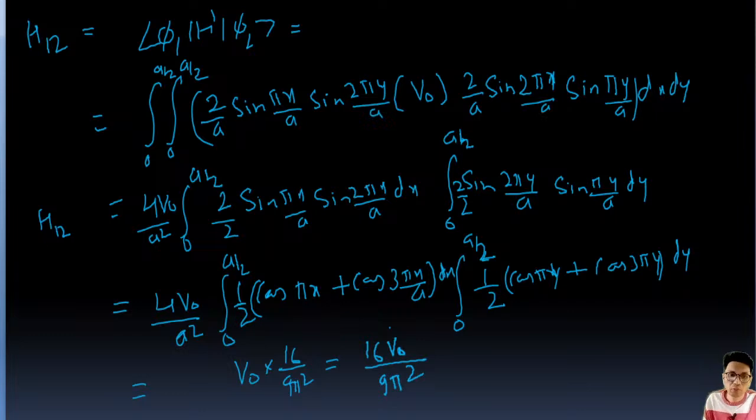There is one thing here, guys, in CSIR NET perturbation theory in the 2D case: if you calculate it as well, you will get the same value. H11 is equal to H22, and H12 is equal to H21.